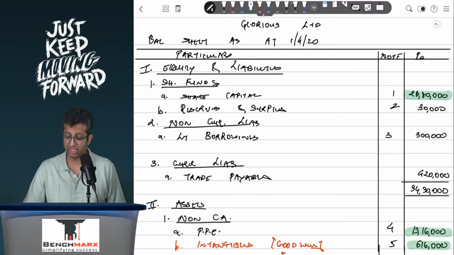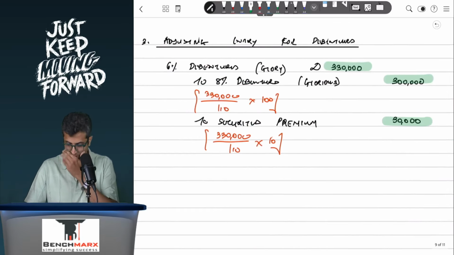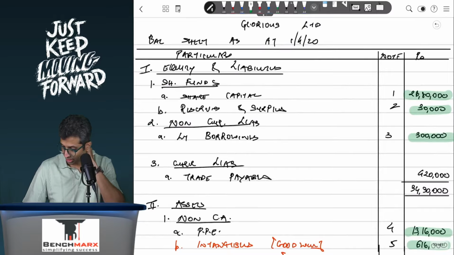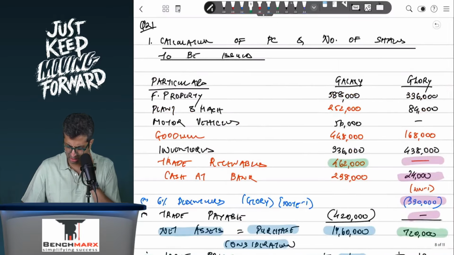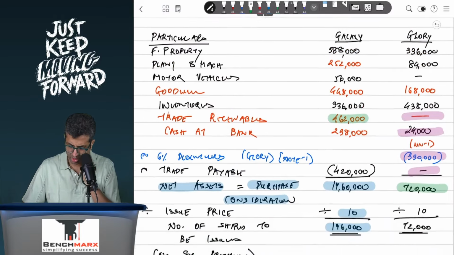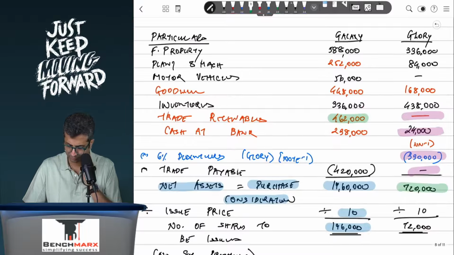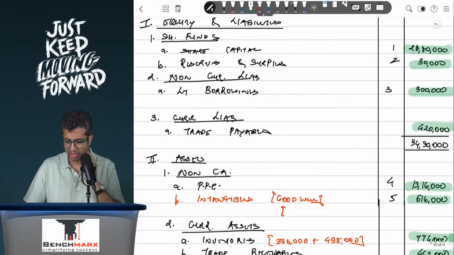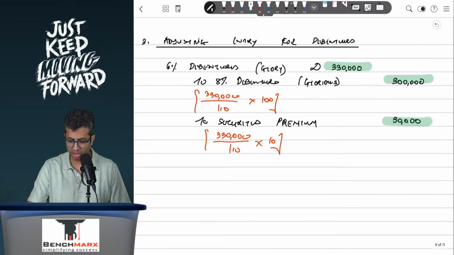However, there's a securities premium of 30,000 that will come on the issue of debentures, and new debentures will be worth 3 lakhs only. This is your adjusting entry: new debentures worth 3 lakhs at a premium of 30,000 in lieu of old debentures worth 3 lakh 30,000. And then your payables would only be the payables over here of 4 lakh 20,000, and that's about it. That is your balance sheet regarding this question.